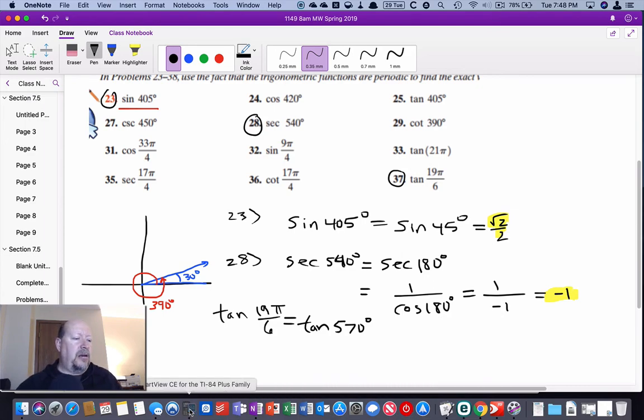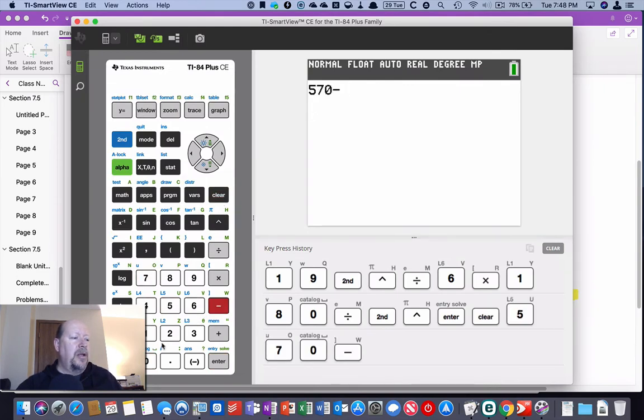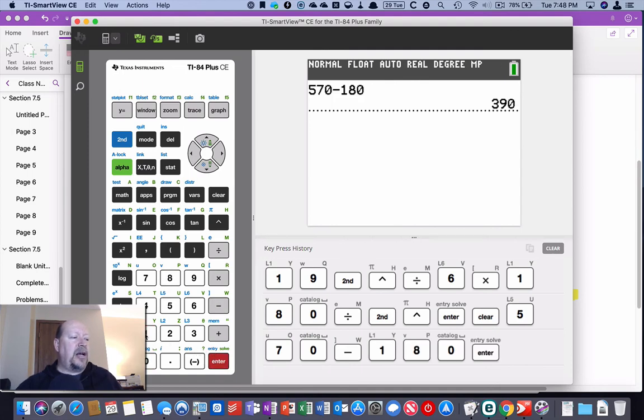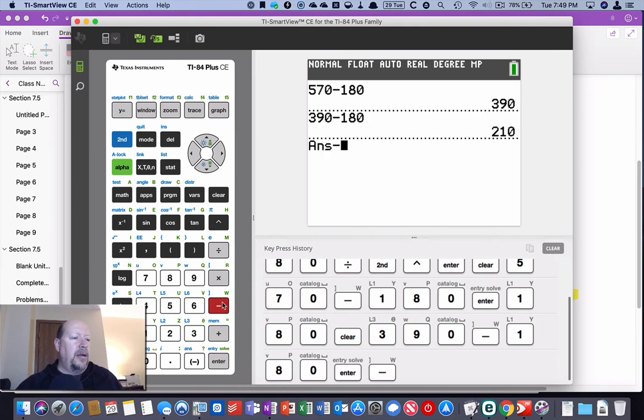So if I get my calculator and type in my 570 degree angle, I subtract off 180 and keep subtracting off the period of 180 until I get down to an angle that's usually acute or something I'm familiar with.